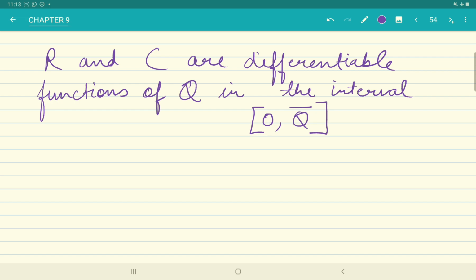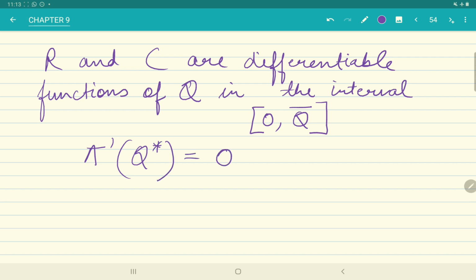But if that's not the case, if the maximum lies in the interior of this interval, then obviously I know that this pi function is differentiable, and if the maximum point lies in the interior, that would be Q star, and that's going to satisfy pi prime of Q star being equal to 0.